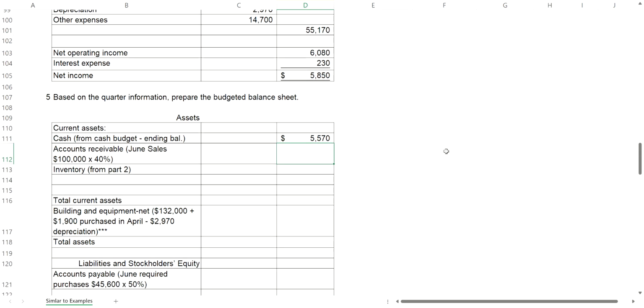So I'll bring that down. Now, your accounts receivable balance at the end of June should be that 40% of June sales that will be paid in July. So June sales were 100,000, 40% will be paid in July, so it hasn't been paid yet. So therefore, your accounts receivable balance should be $40,000.